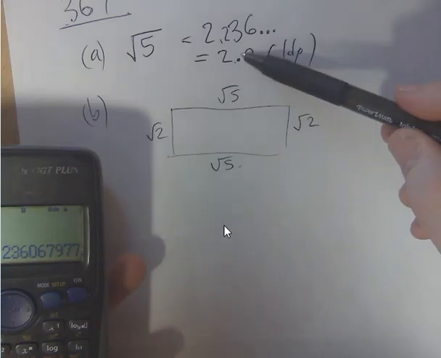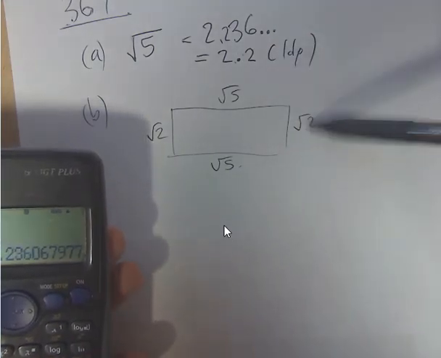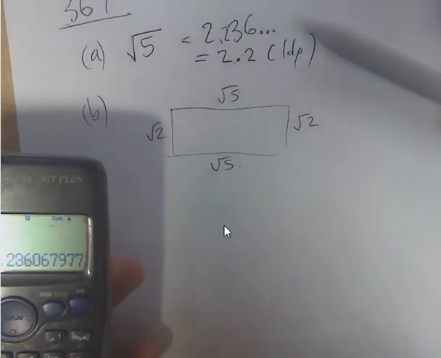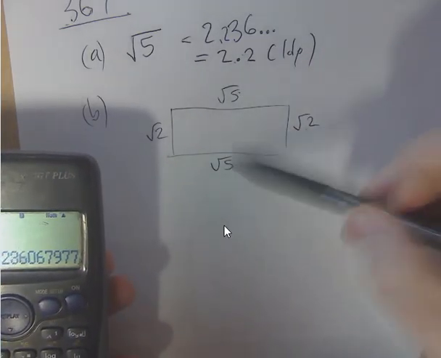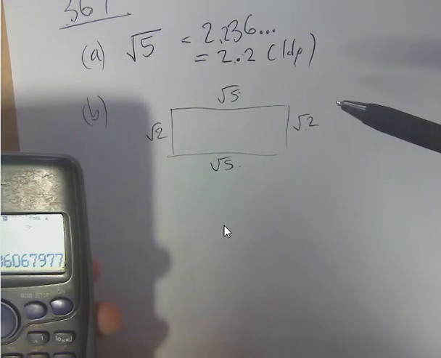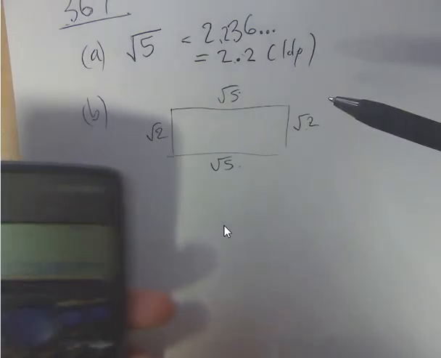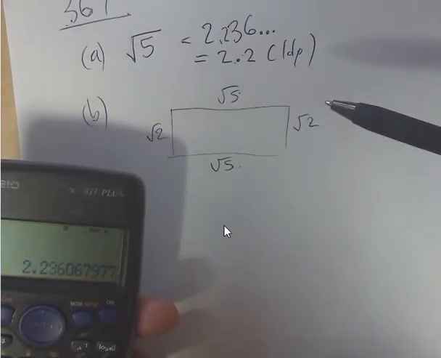If you use the 2.2, then all the errors will build up. You'll get a little bit of inaccuracy there, a little bit of inaccuracy there, and a little bit of inaccuracy there. Now, all those inaccuracies might add up to something which is wrong when you round it.